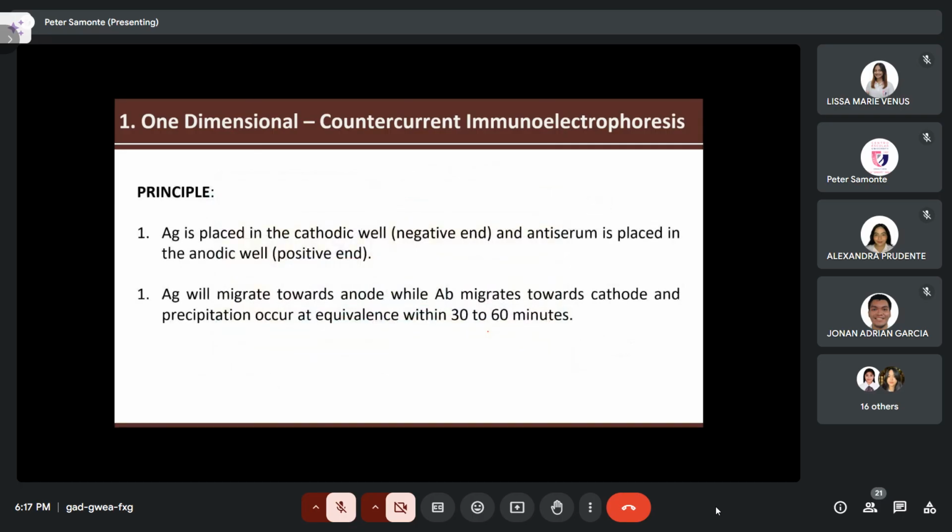Antigen is placed in the cathodic well or the negative end, and antiserum is placed in the anodic well or the positive end. Antigen would migrate towards the anode while antibody would migrate towards the cathode. And precipitation would occur at equivalence within 30 to 60 minutes.